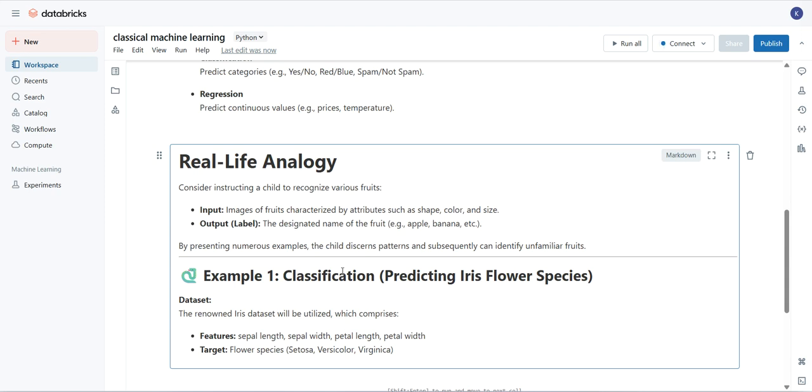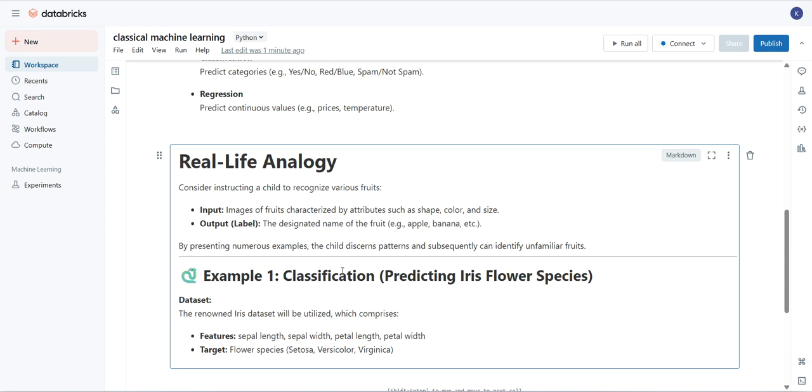The output is the designated name of the fruit, apple or banana. By presenting numerous examples, the child learns the pattern and can subsequently identify unfamiliar fruits like dragon fruit, once we give the characteristic label.